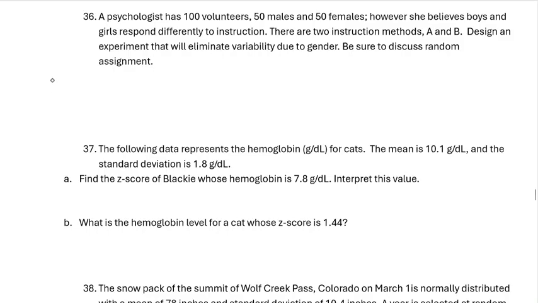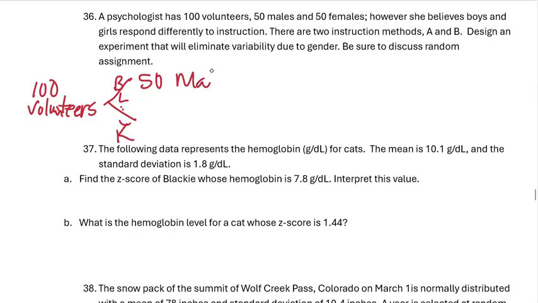Okay, so if I start with my 100 volunteers, since she believes the gender is going to affect the outcome, we're going to block by gender. And we're going to put the 50 males together, 50 females together.